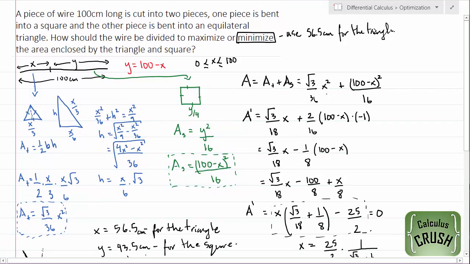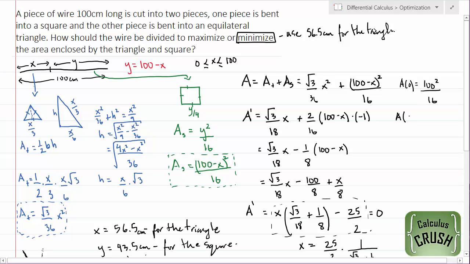So we need to look at our area function. Here it is up here. So A of 0, at x equals 0, is equal to, well, this whole term is 0. Then we have 100 squared over 16. I'm just going to leave that for now.